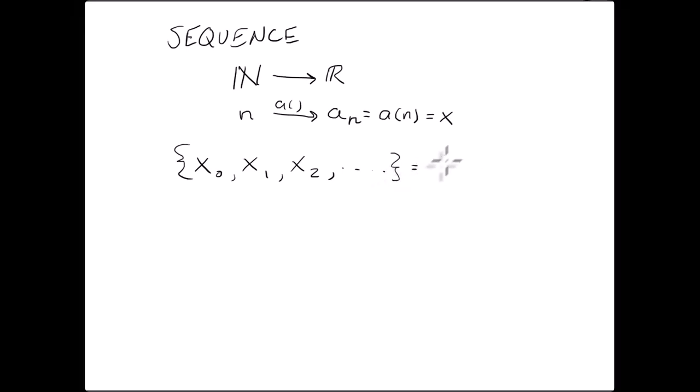The sequence is really a function, and we'll call it also the output of that function, just to make our life simple. And so the set of these things we'll denote this way. We'll just say it's all the sequence elements where n goes from 0 to infinity. We'll use that notation. So there's my sequence. And often we won't even say, we'll just say x sub n, and then we're like, oh, everybody knows. Right? It's that kind of thing.